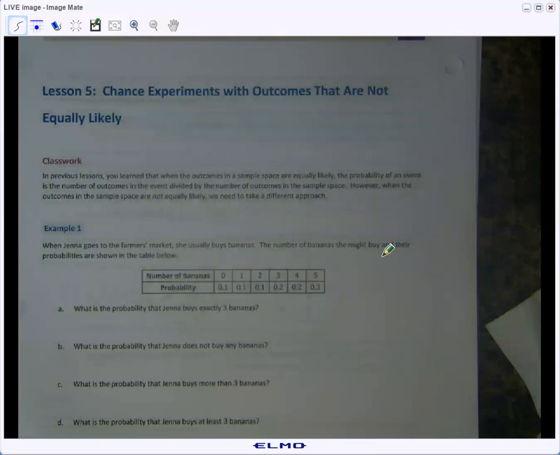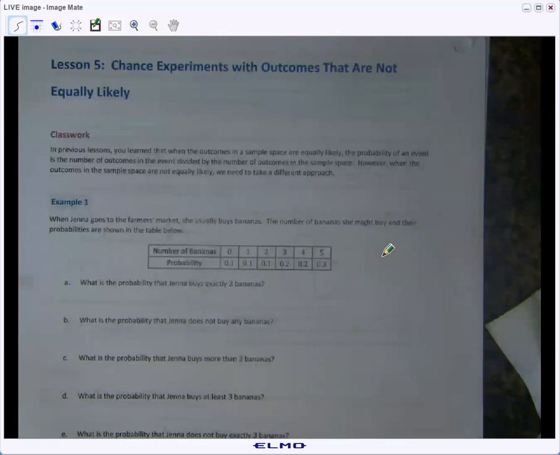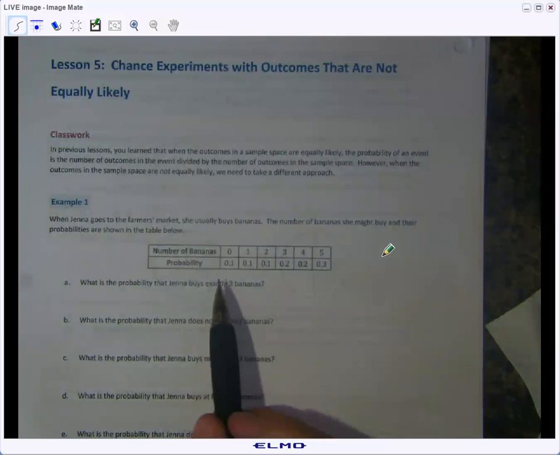Those outcomes are equally likely, heads or tails. That's not always the case in real life, and most events you would deal with would maybe have different chances of occurring.